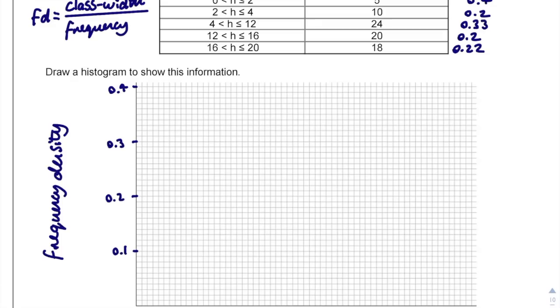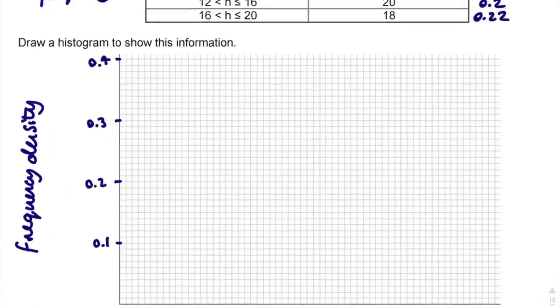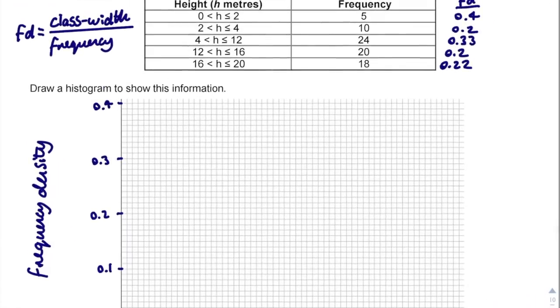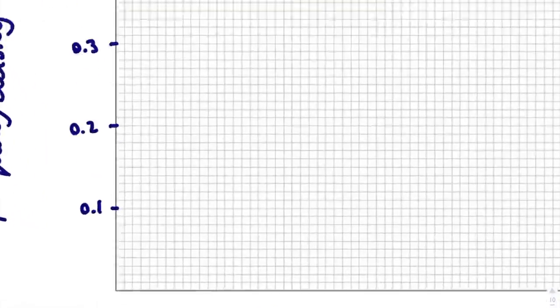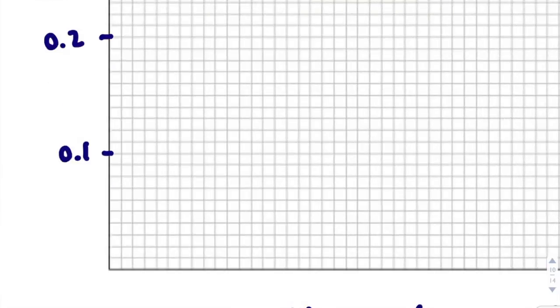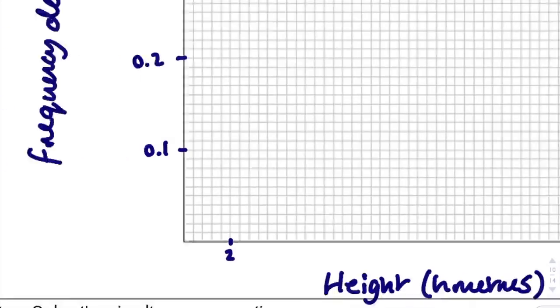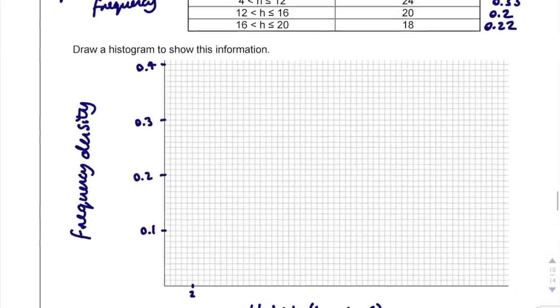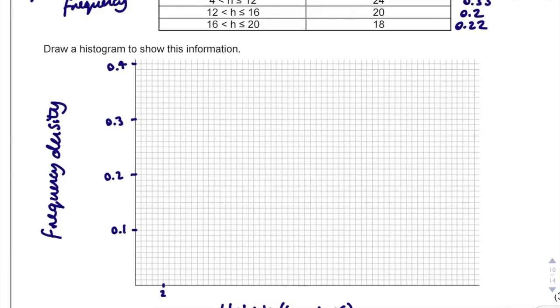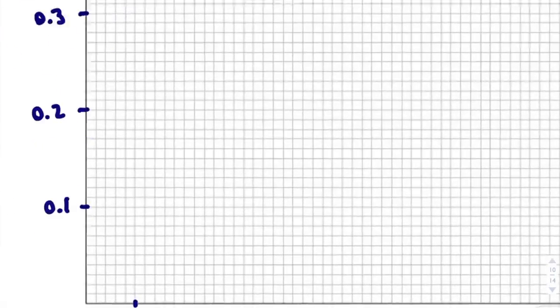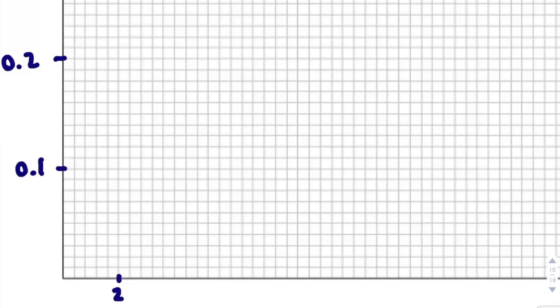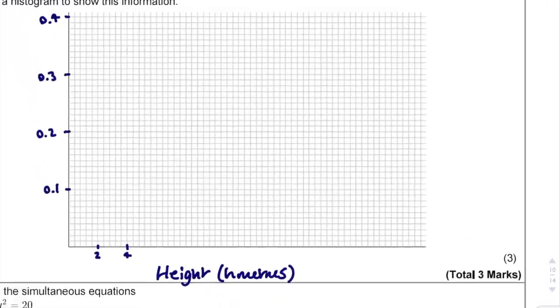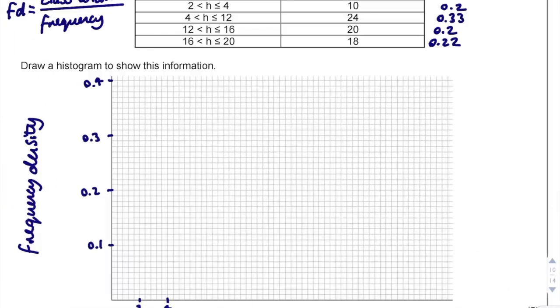And then for the heights, I'm going to say that every 5 squares represents a distance of 2 meters. So we're going 1, 2, 3, 4, 5, so that's going to be 2. And then we go from 2 to 4, so the next 5 squares. Then we're going from 4 to 12.